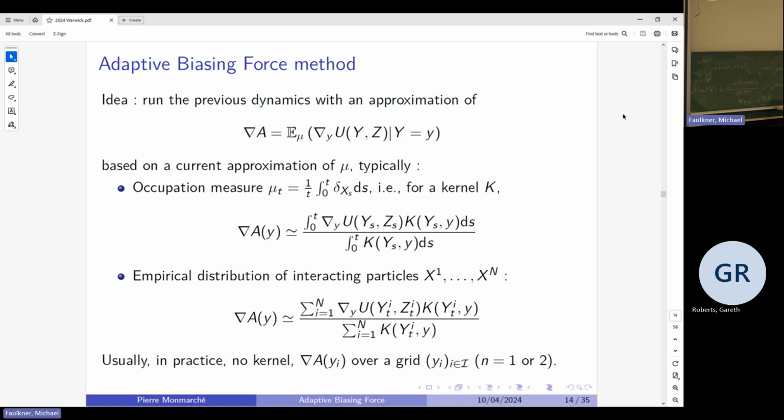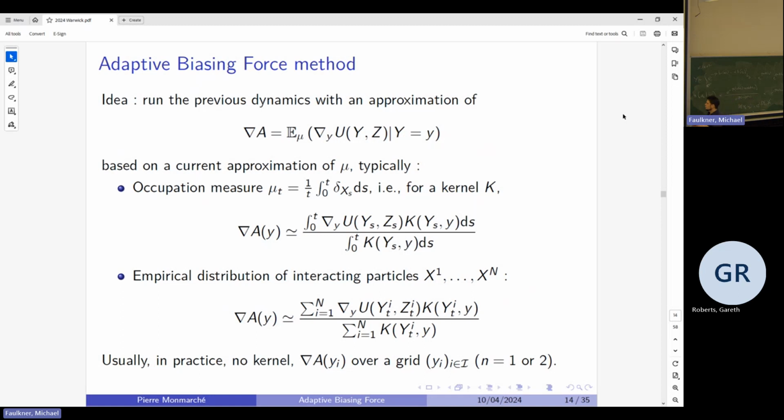So you look at your sample, you take your occupation measure, you do a convolution with a Gaussian kernel, you get something smooth, and now this makes sense. Now this is a conditional. Okay, it's not exactly what I said. Writing this or taking a convolution with the Gaussian is not exactly the same because here I normalize. But anyway.